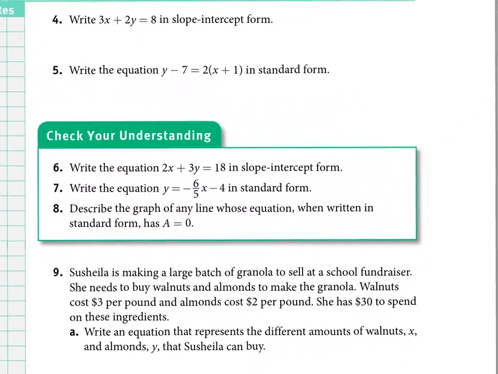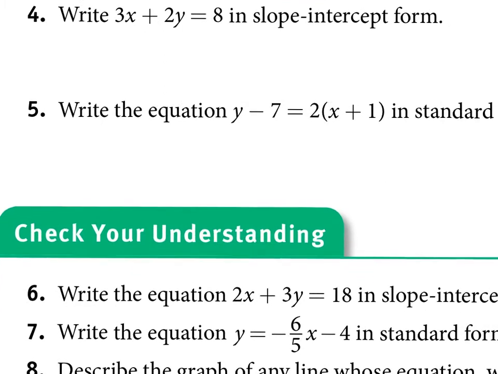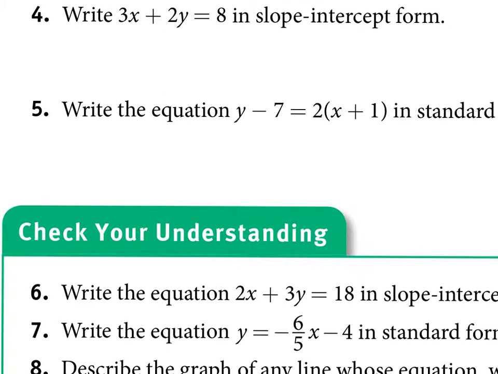So here again is a problem, and I'm going to actually zoom in a little further so we have more room here. It says write 3x plus 2y equals 8 in slope-intercept form. Slope-intercept is y equals. So we need to get y by itself. So I'm going to subtract 3x, minus 3x, so cross out.